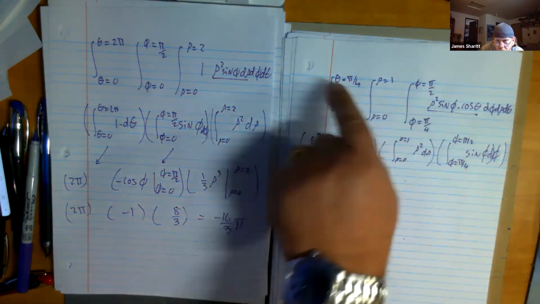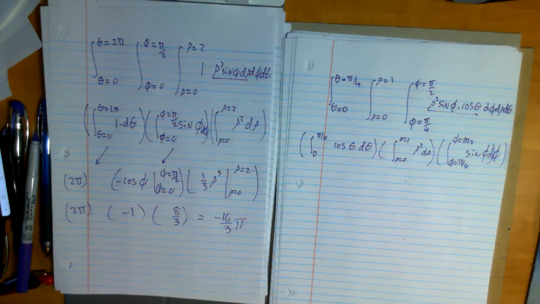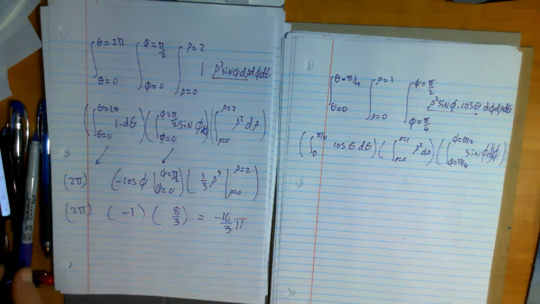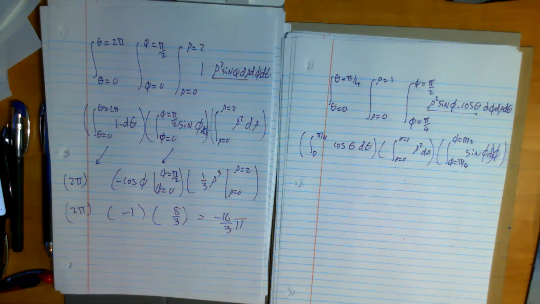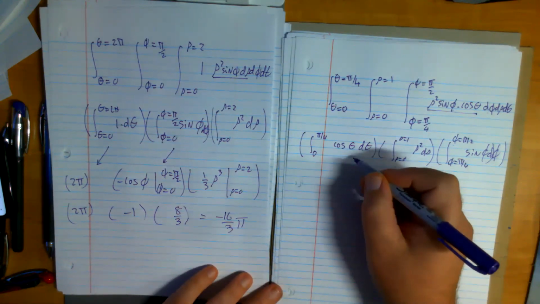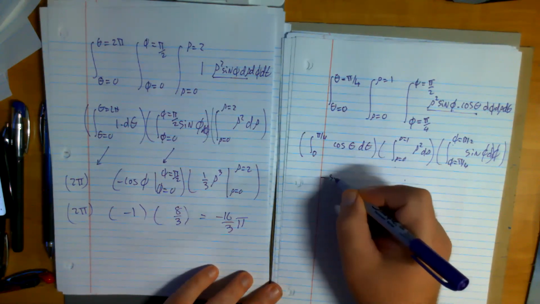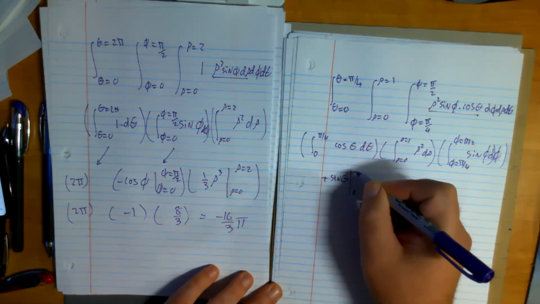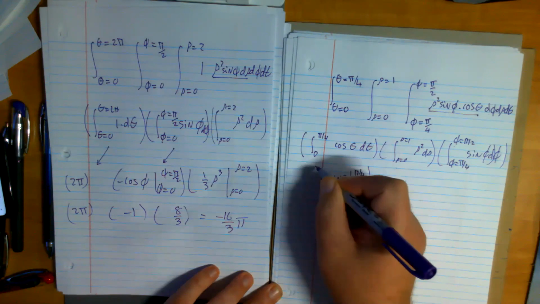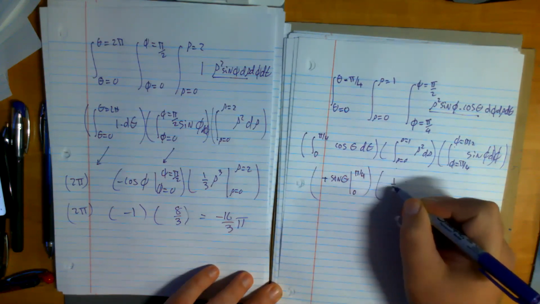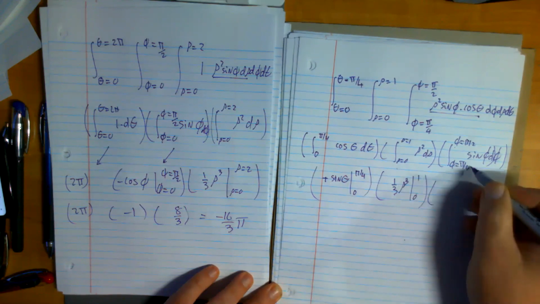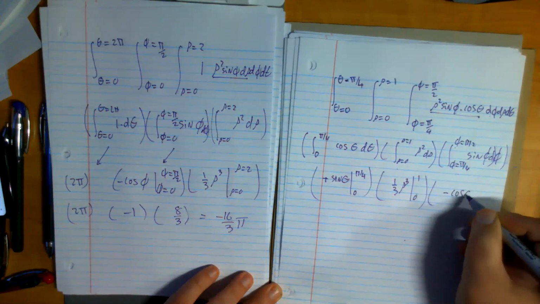So if I give you an integral already set up in its polar format, and you're lucky enough as we are here, it can be separated out. This guy here is going to get me a negative, not a negative, a positive sine theta. And this one here is going to get me that guy. And this one here is going to get me a negative.